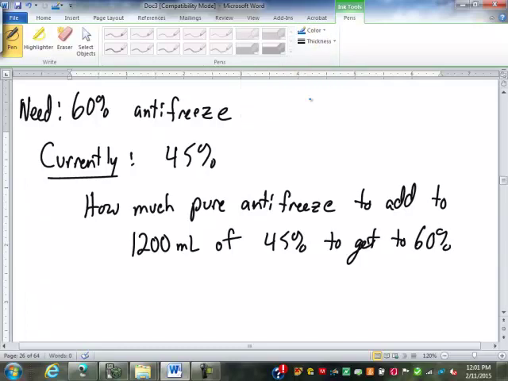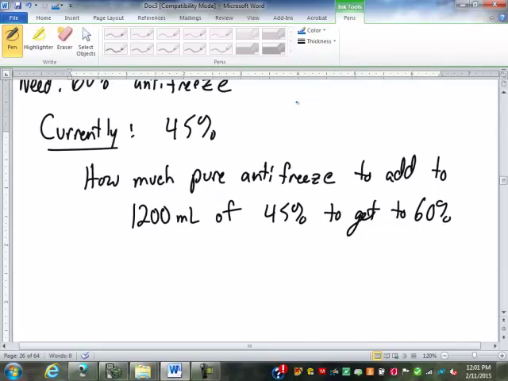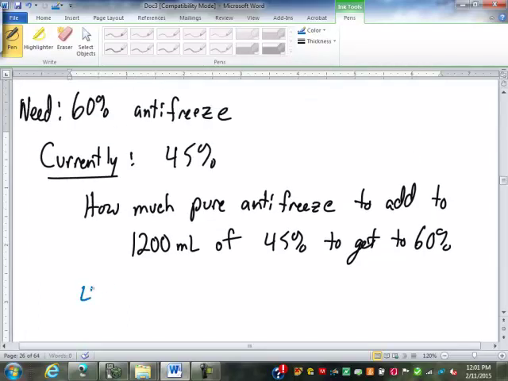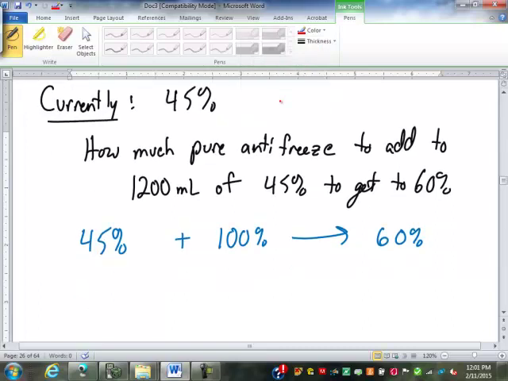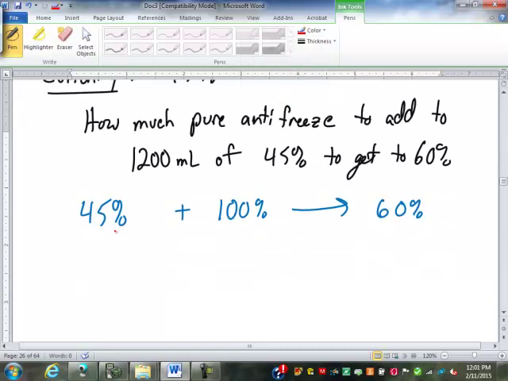So this is similar to the one we had before where we're diluting it with just the sterile water, or NS. Here we have 45%. To that we're adding pure antifreeze, which would be 100%. So instead of 0%, we're dealing with 100% this time. And we're going to a result that's 60%. We know the amount of the 45% is 1,200 milliliters.